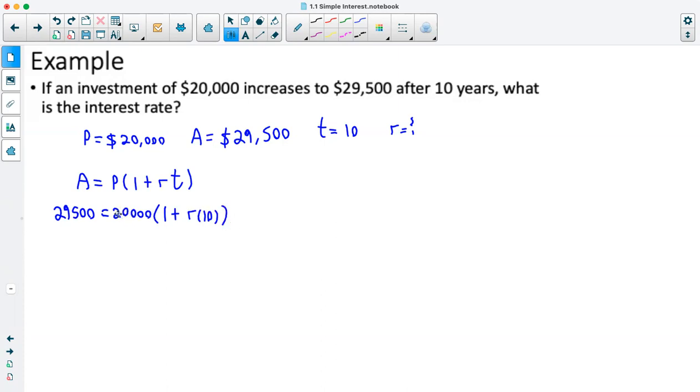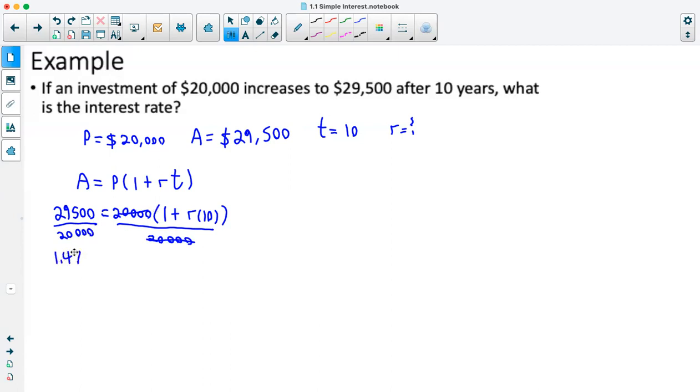So first thing I would do is move this 20,000 by dividing both sides of our equation by 20,000. Those will cancel out, and 29,500 divided by 20,000 gives us 1.475.